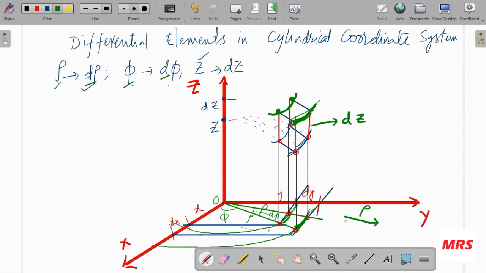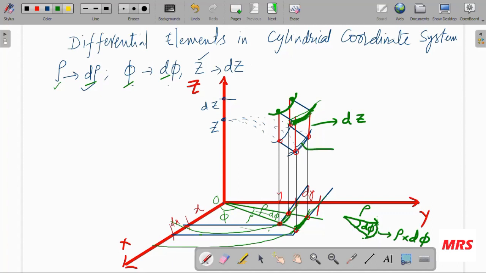If this is rho and the angle made by the differential element is d phi, and the radius is rho, then it will form a sector. The length of the arc is nothing but radius into differential angle. So the length of the arc is obtained by using this formula, rho into d phi.